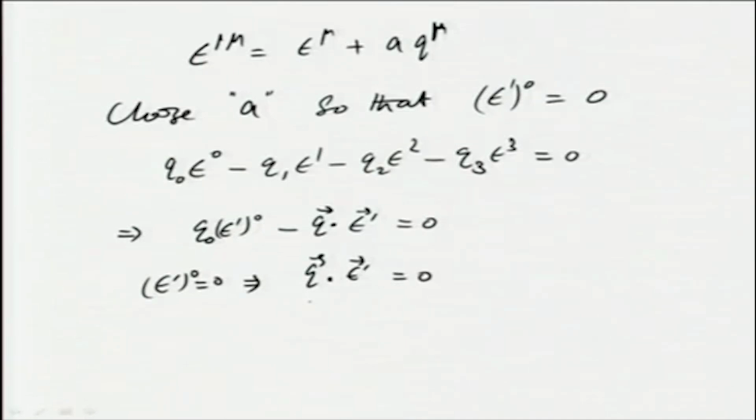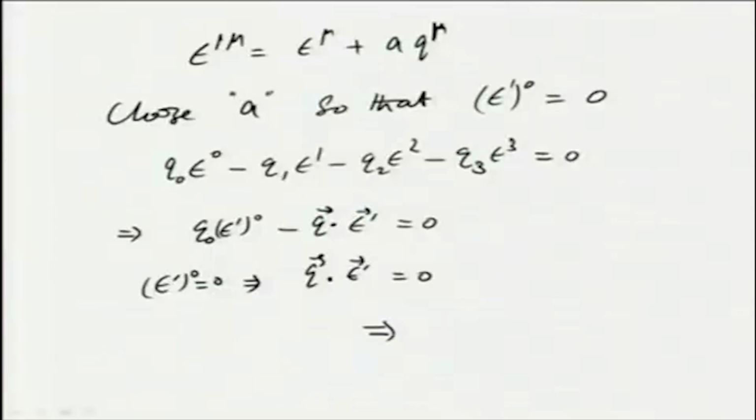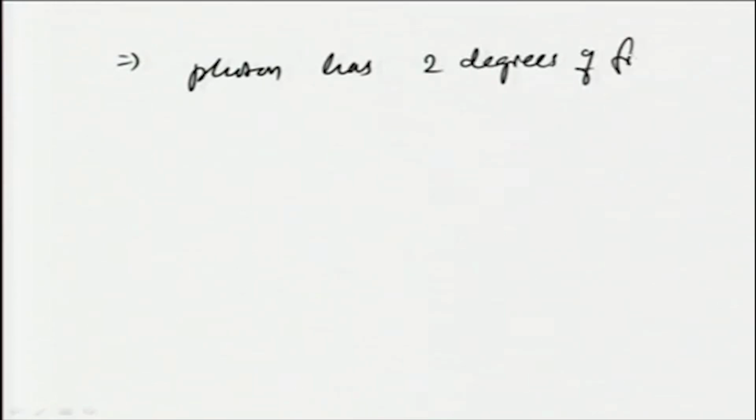Epsilon 3 prime has 3 components, but then there is a condition q dot epsilon 3 vector prime is equal to 0. So, essentially there is a relation between these 3 components, and therefore, that gives you 2 independent components. Or we can say that photon has 2 degrees of freedom.